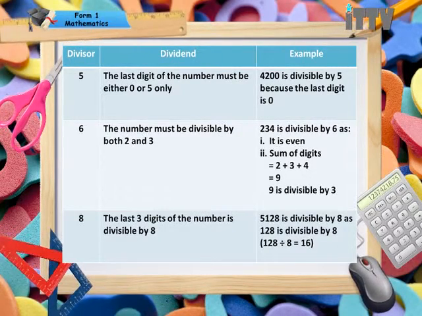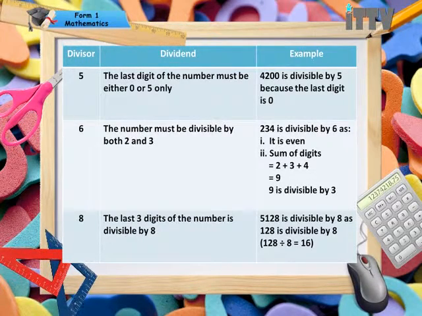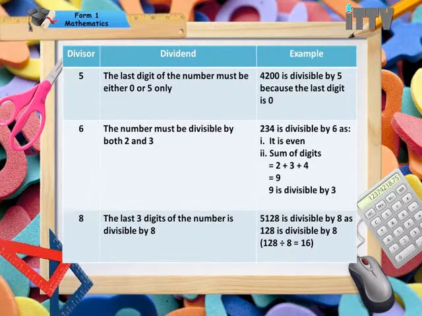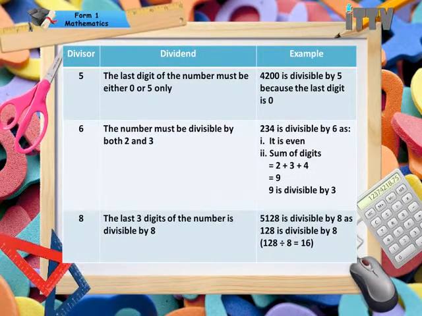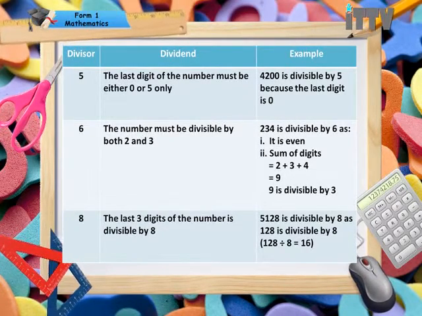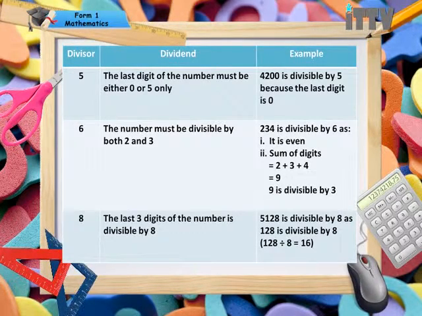The divisor 8. The last 3 digits of the dividend must be divisible by 8. For example, 5128 is divisible by 8 as 128 is divisible by 8. 128 divided by 8 is 16.